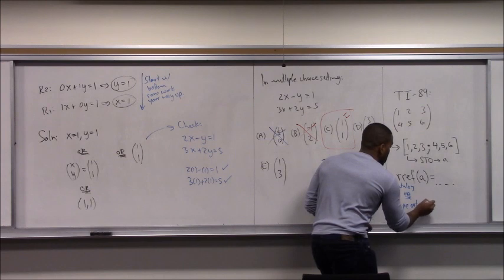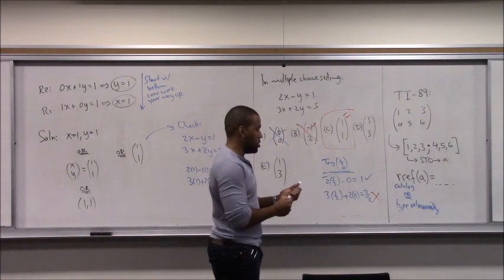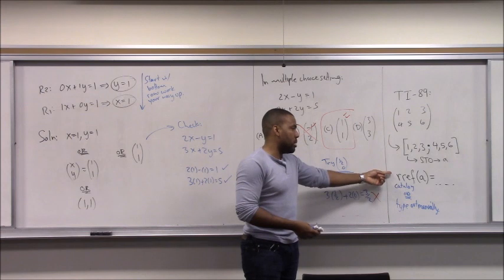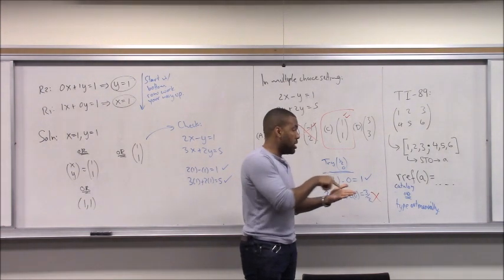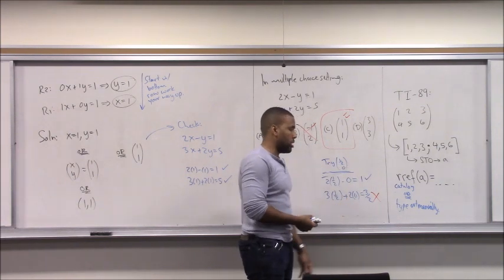If you forget how to access this function and don't see it in any of the drop-down menus, you should be aware that for any command whose name you know, you can type it out manually. You can use your alpha keys to type RREF, open parentheses, put the matrix in there, and it'll work as well.